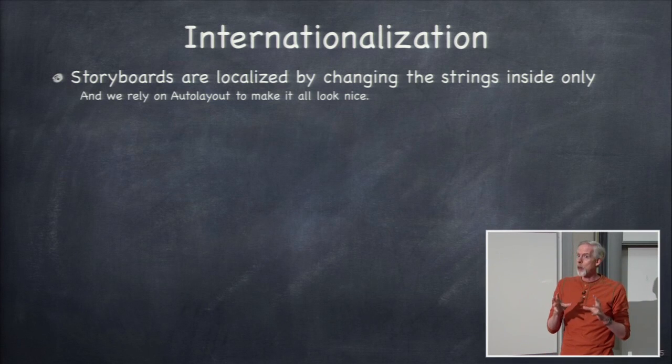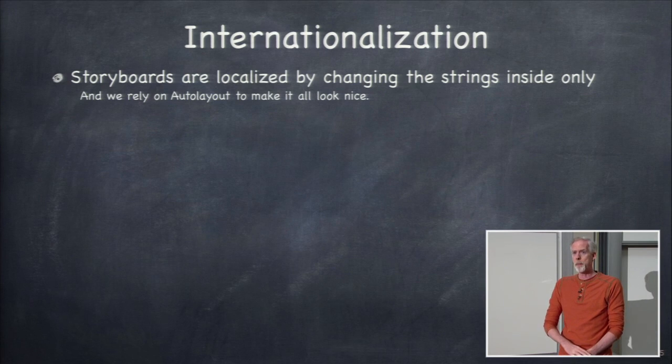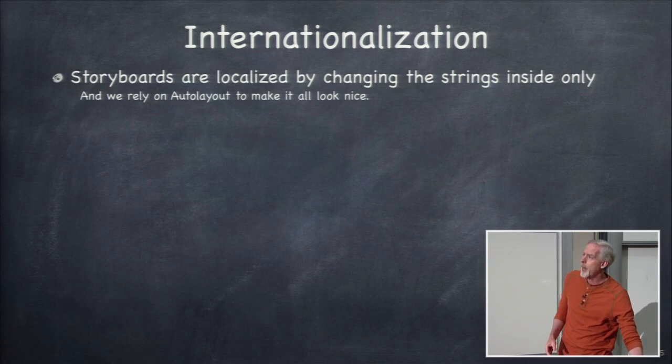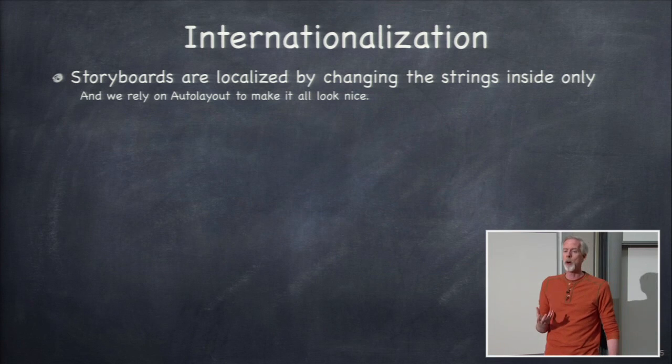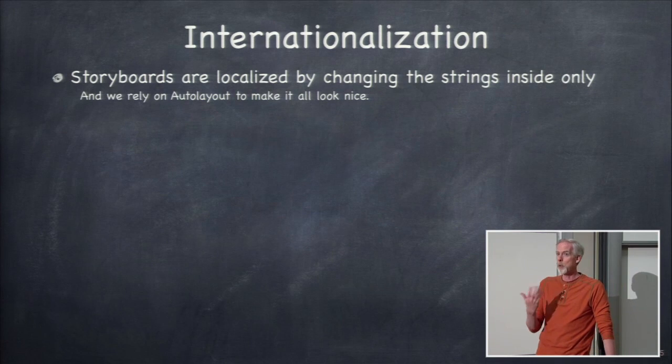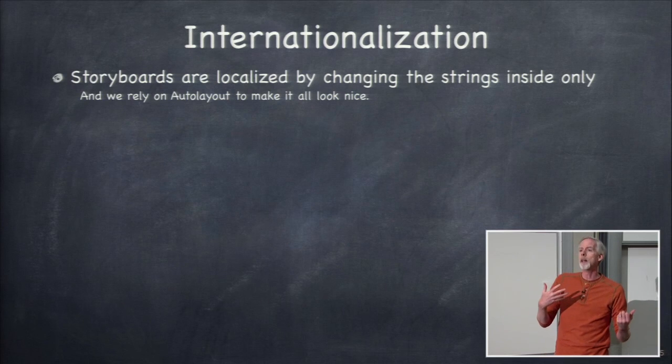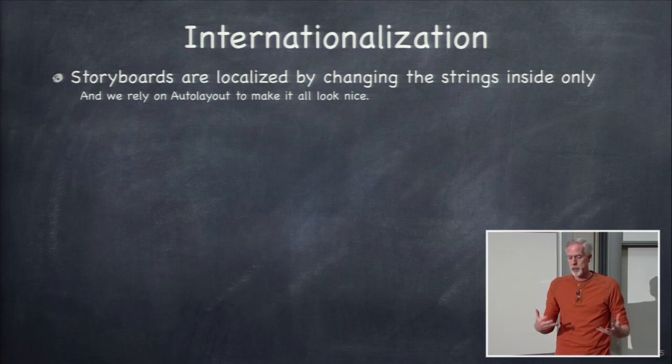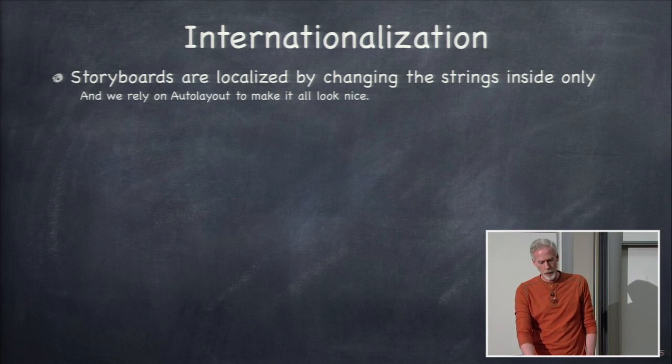And then we use auto layout to make sure everything looks nice when these strings come back, because these strings might be shorter or longer. And so auto layout is an extremely important part of internationalization. It's just one word, auto layout, but it encompasses a lot of the work that you have to do because you have to build your UI to be able to deal with these different length strings. So that's the first part.